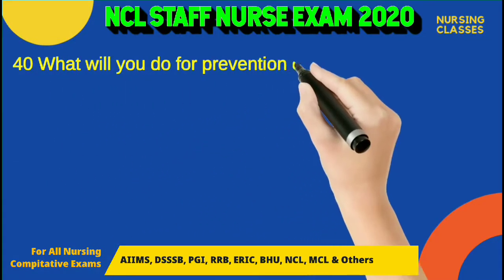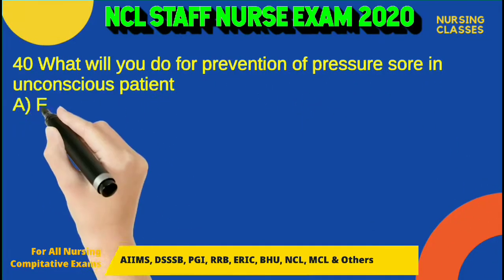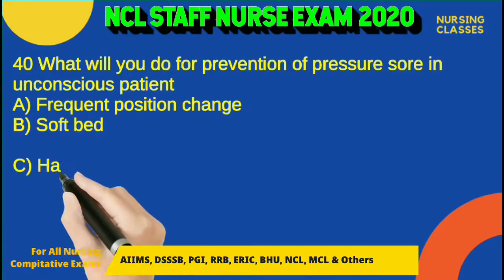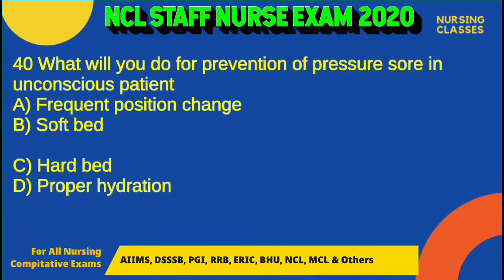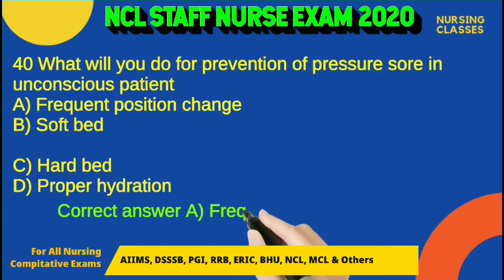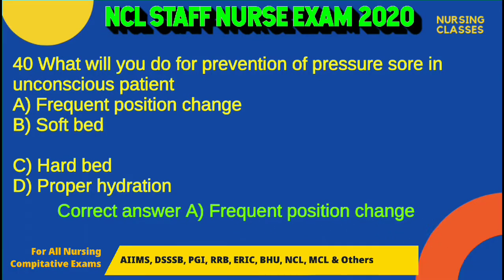What will you do for prevention of pressure sore in an unconscious patient? A. Frequent position change. B. Soft bed. C. Hard bed. D. Proper hydration. Correct answer A. Frequent position change.